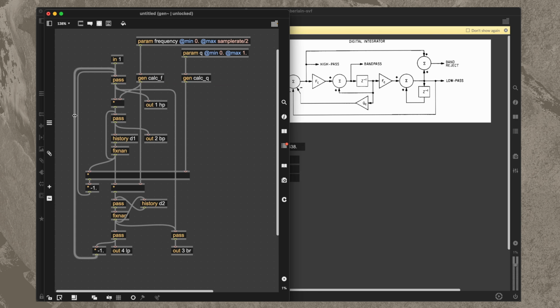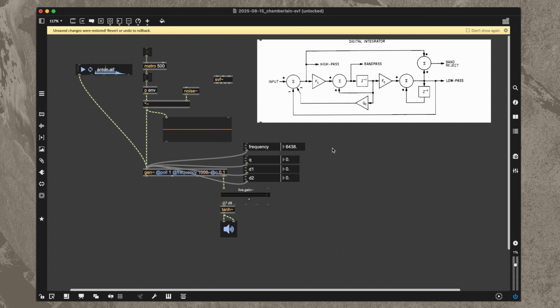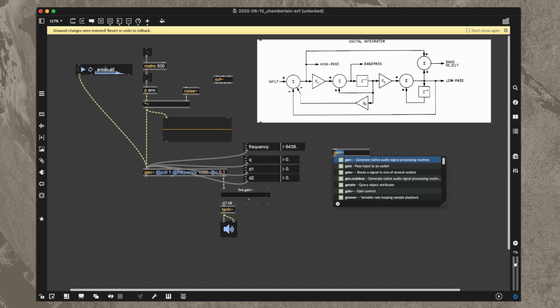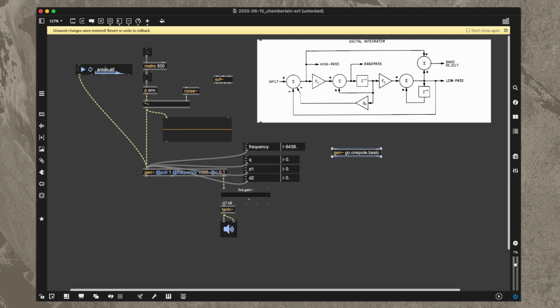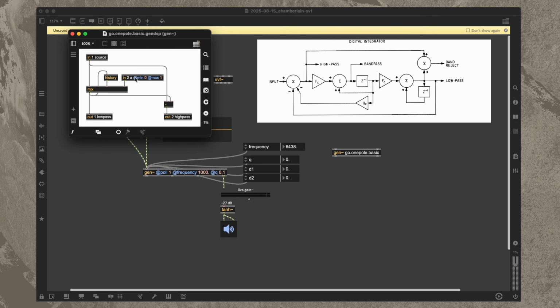And if you've looked at some of the other filter patches in Generating Sound and Organizing Time, you'll see a similar pattern here, where very often, like in the case of a very simple one-pole low-pass filter, like in go.onepole.basic, I think, this is a low-pass filter. This A is an amount that we're amplifying, kind of a feedback path within the signal.